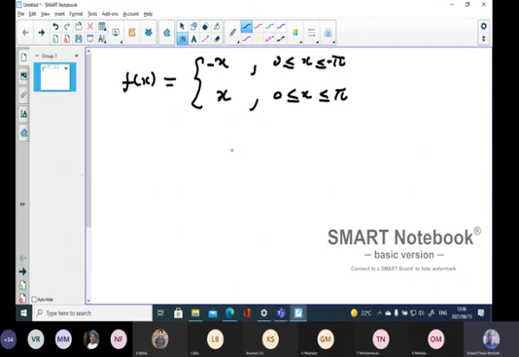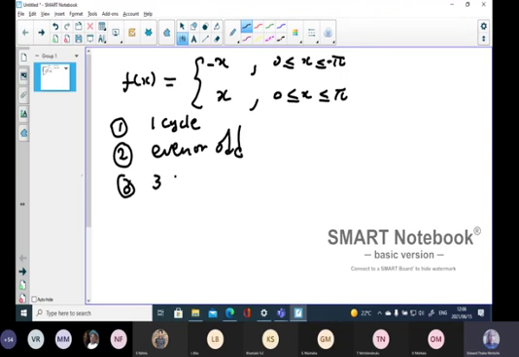Okay, now the first question I ask you to sketch one cycle. Sketch one cycle. Number two, just say I ask you to determine if the given function is even or odd. And the last one, I just ask you to, instead of 1, now you plot 3.